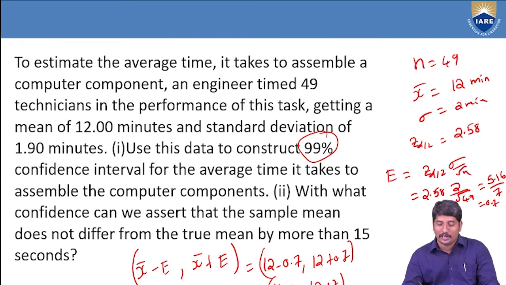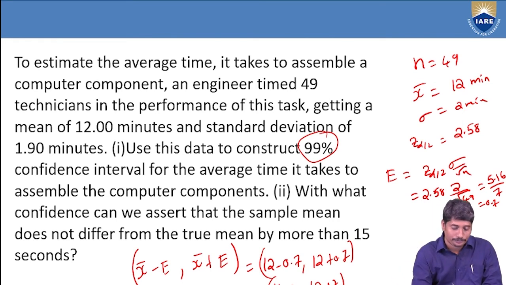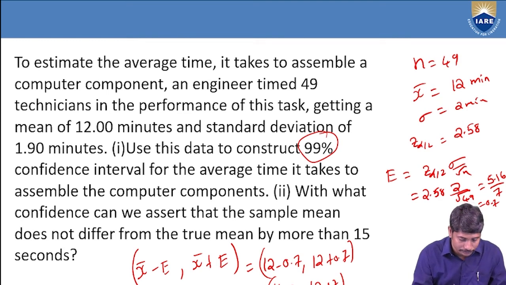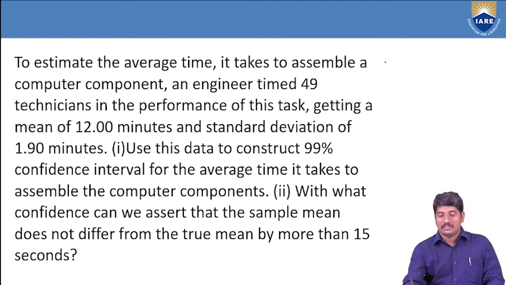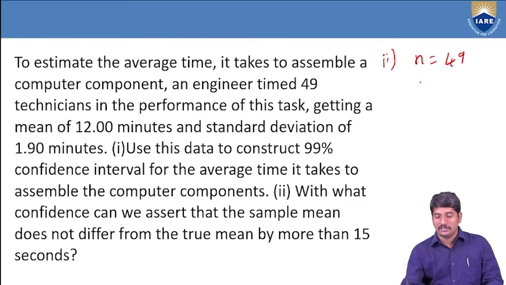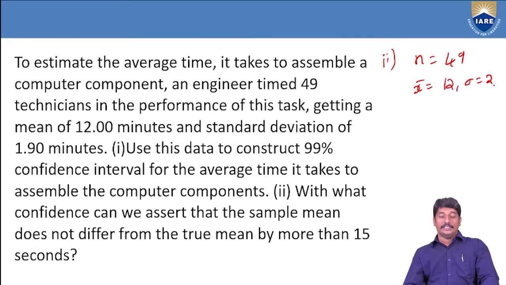Now, let us look into the second part of the problem. In the second part, as per the data, we have 49 workers, x bar is 12 minutes and standard deviation is 2 minutes. That is given in the data.